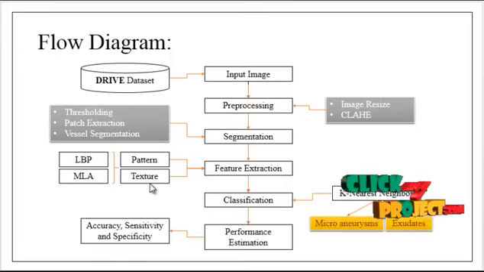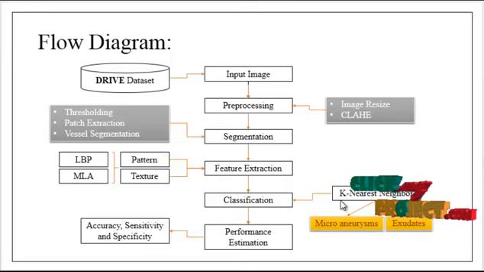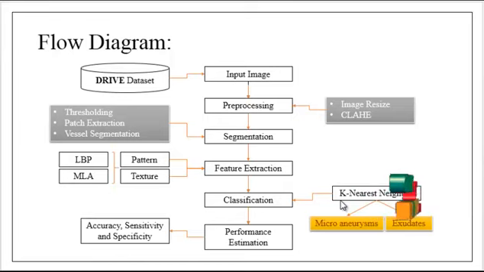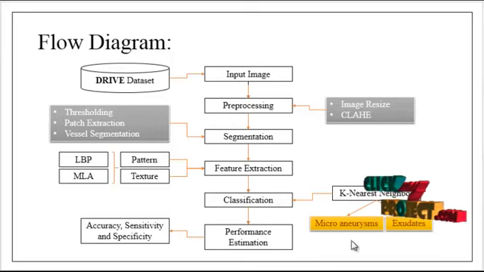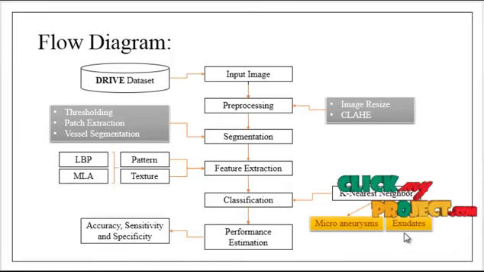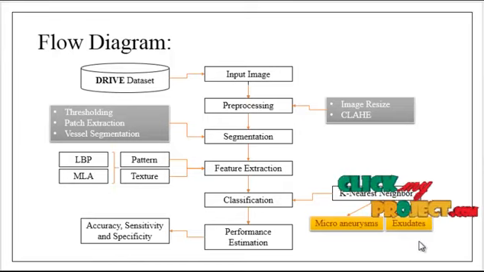After generating the test feature, we do the classification by means of the K nearest neighbor classifier. In this classification step, we predict whether the input is normal or abnormal. If it is abnormal, it will detect whether it is microaneurysms or exudates. So these are the final outcomes of the results during the classification.